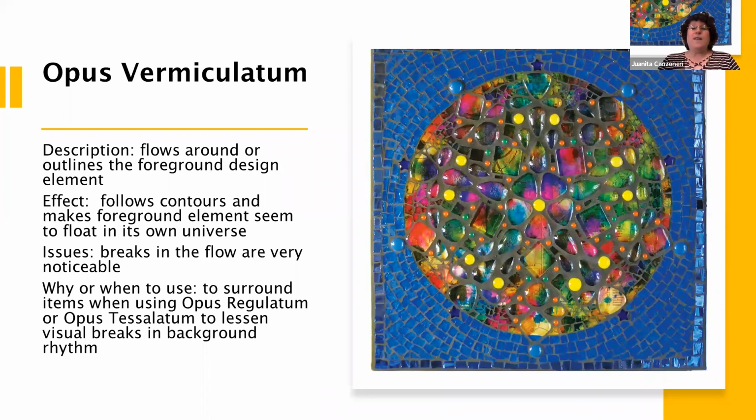And this is also useful if you're using regulatum or tesserae in the background. If you surround your foreground element with a row of Opus Vermiculatum in the same color as your background, it will help to offset those weird cuts in your background that you have to make in order to stay in grid, and then make space for the foreground elements.